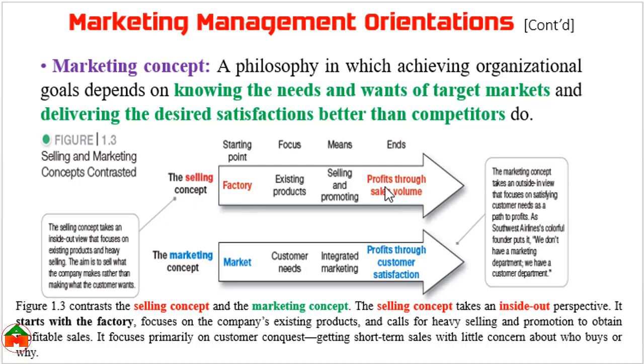I mean it starts with the factory, then focuses on the existing products. After that it calls for heavy selling and promotion to obtain profitable sales. That means it primarily focuses on getting short-term sales with little concern about who buys or why they buy.